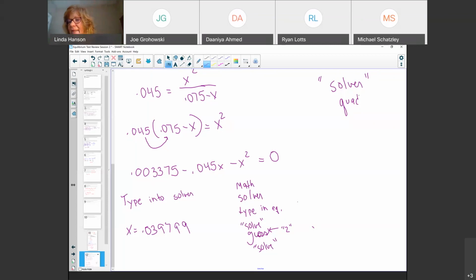So just make a commitment, and it will pay off dividends, because next chapter we have equilibrium, just different topics of it, and these equations aren't going away. So the faster you can become at solving them by letting your calculator solve for you, the more it'll pay off. If it's not working, just figure it out later, as you say, Joe, but it's really worth it to let your calculator solve problems. And it's not hard. You just have to figure out the sequence and get familiar with your own calculator.